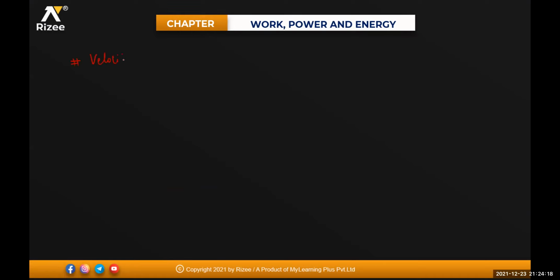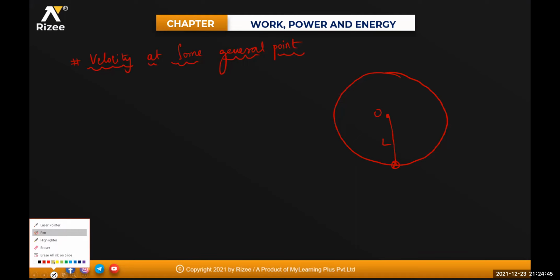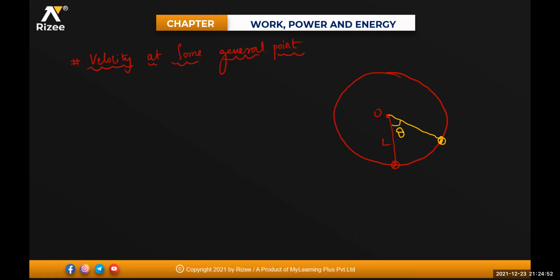Velocity at some general point in non-uniform circular motion. At any general point. It means a particle is moving in a circular path like this. This is the center. This is your particle right now here. This is the length L and this is the center. Now the particle comes to somewhere at this position, at a general position, making an angle theta.